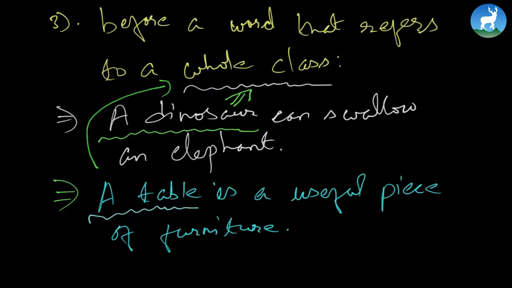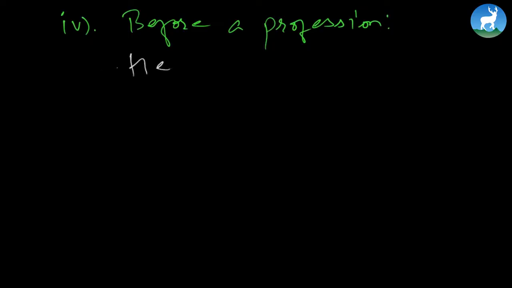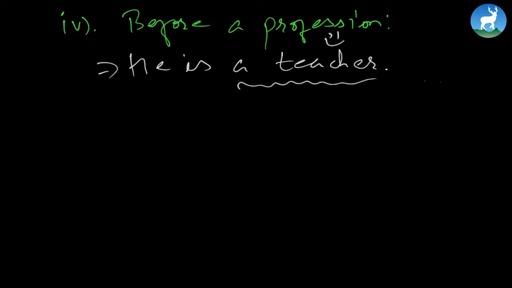And the fourth kind, the next kind, is what we call before a profession. So this is the fourth one, which we call before a profession. For instance, he is a teacher. Just like the title suggests, before a profession, that is teacher.